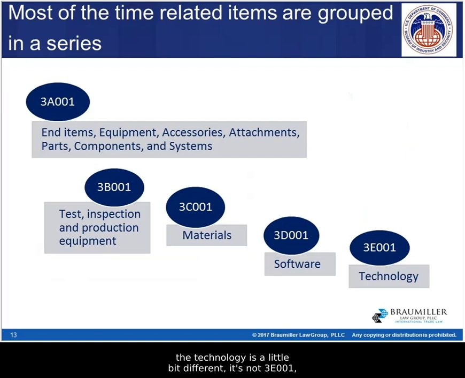Like if the technology is a little bit different, if it's not 3E001, generally we're going to lead you to that in that 3A category, the 3A001. There will be a note in there saying for the technology, for the use of this, go to this entry. But typically the technology is going to line up exactly like the end item ECCN.